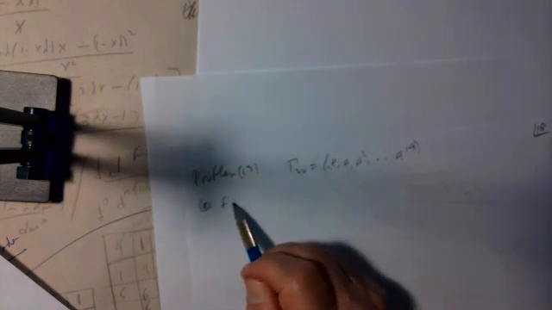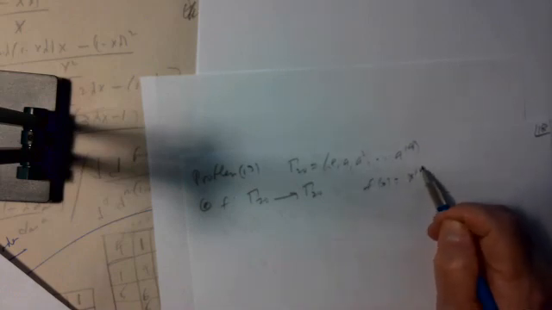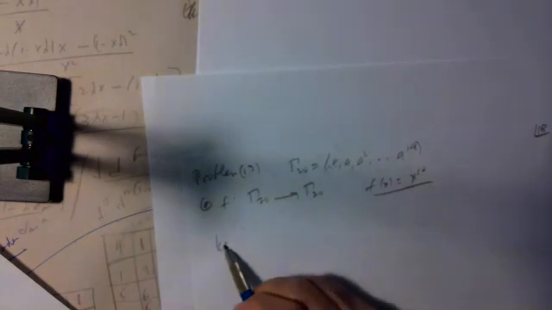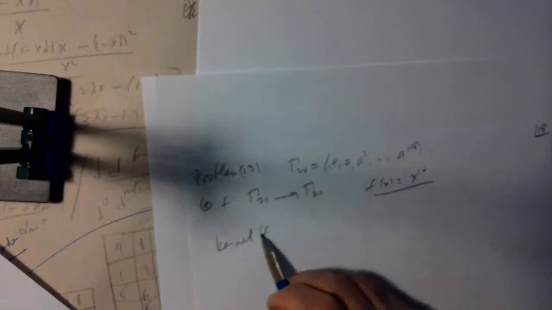And so consider the function f from this group to itself, defined by f of any element x is x to the 10th power. So this is a homomorphism. What is the kernel of f?